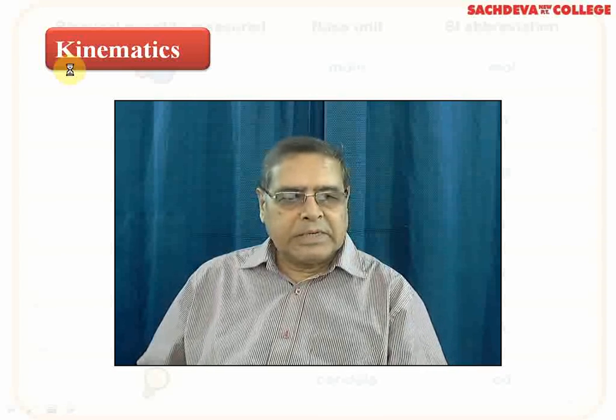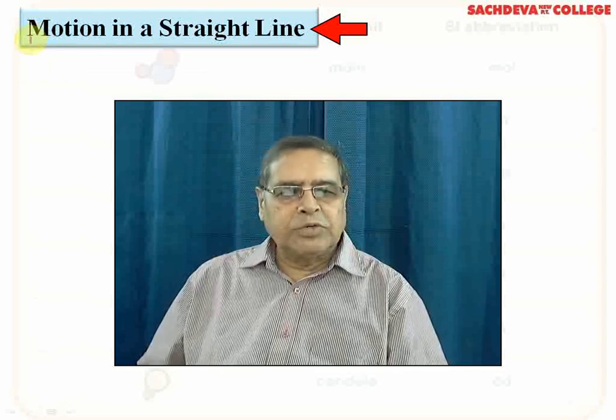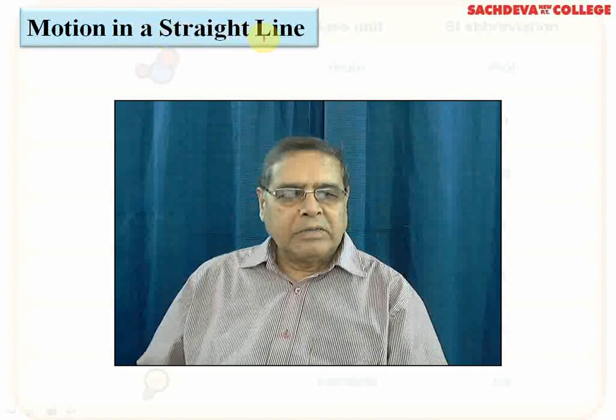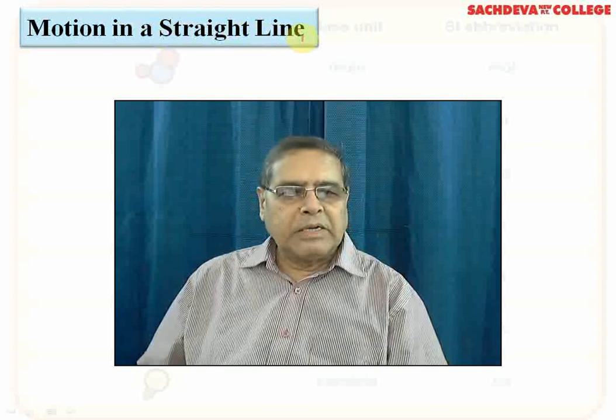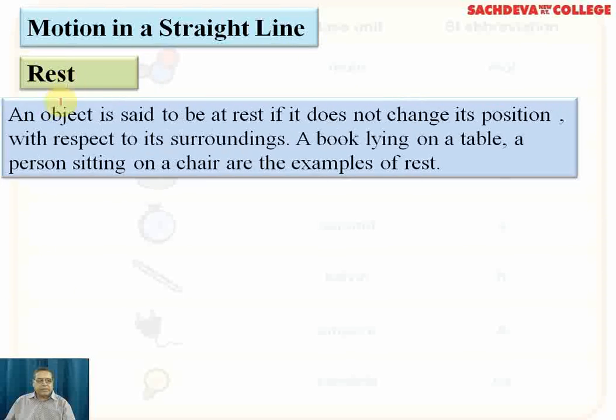So in kinematics, the very first thing we have to discuss is motion in a straight line. This is also sometimes known as linear motion, or the particle in linear motion. Now, first of all, we have to go through rest. A body is said to be in the state of rest if it does not change its position with respect to surroundings.